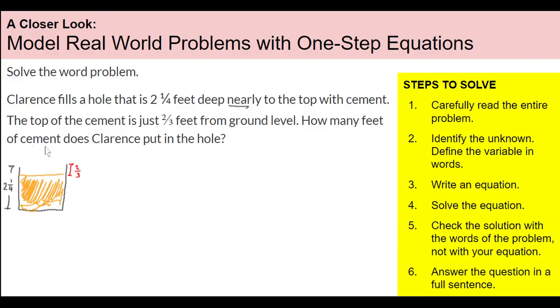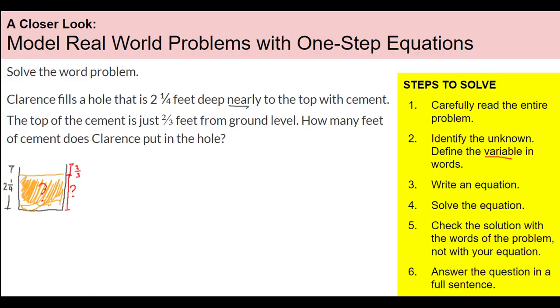So how many feet of cement does Clarence put in the hole? That's what we want to know: how much cement he put in, from the bottom to there. This is the question mark. That is our variable, how much cement he put in.